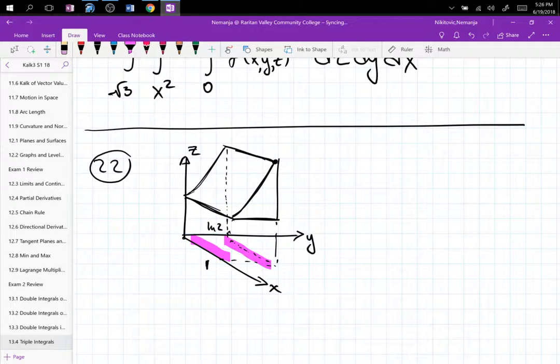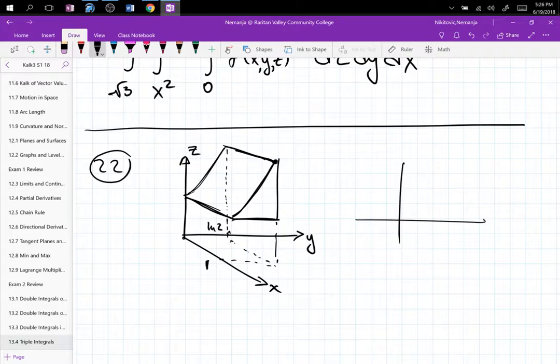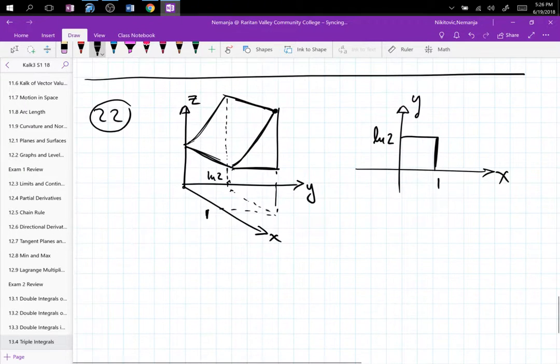So what do we have as our domain, looking at this shape? You have your XY coordinate system, and it's all in the first quadrant, ln2 by 1. You can't have an easier region than that.